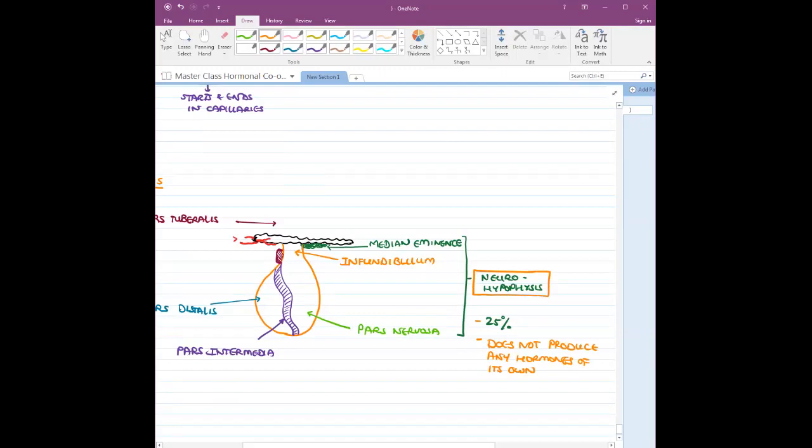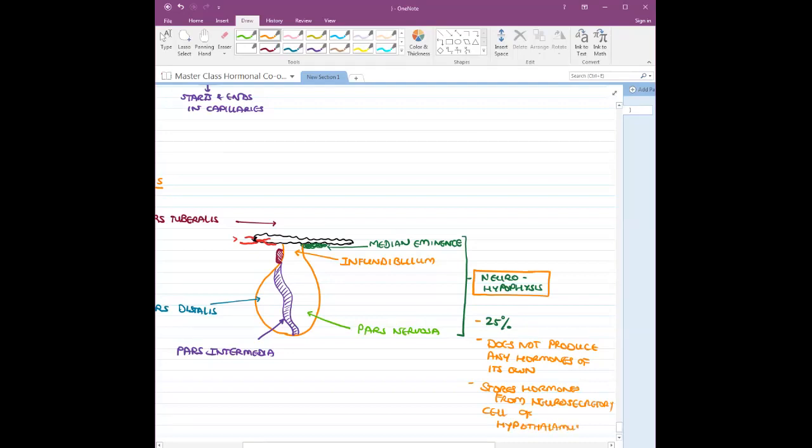It is just going to store the hormones from the neurosecretory cells of the hypothalamus. It stores hormones from neurosecretory cells, and it is going to release them as and when required.